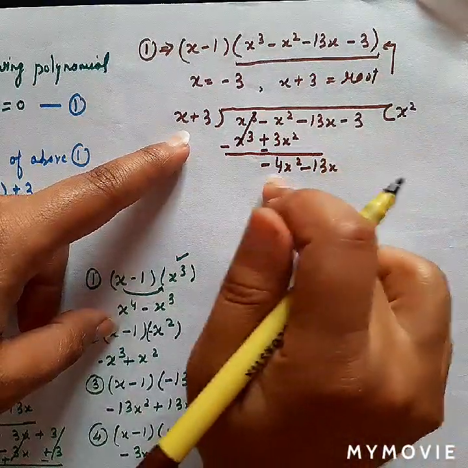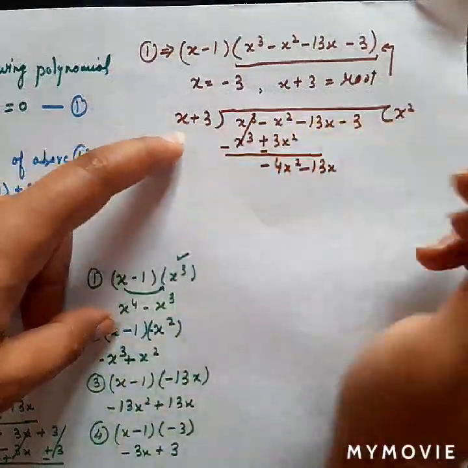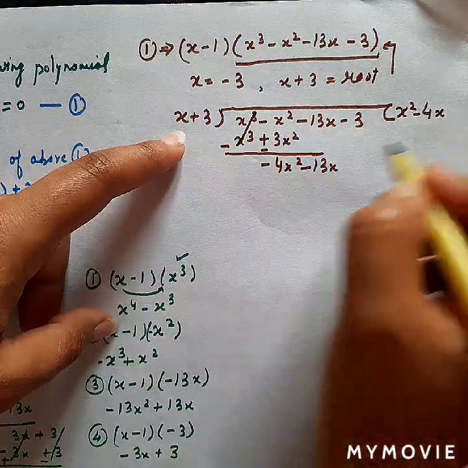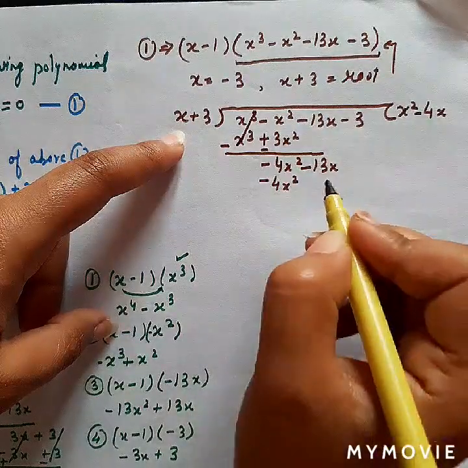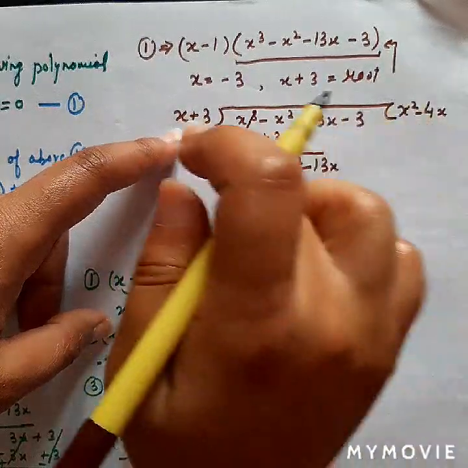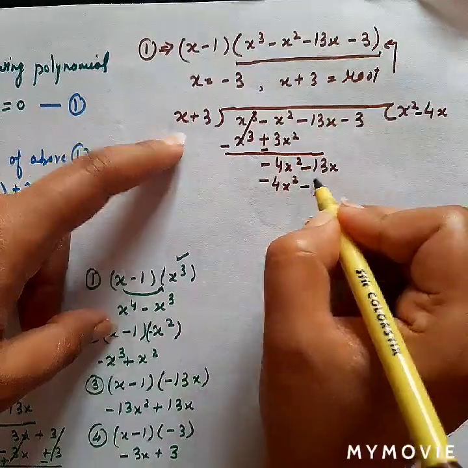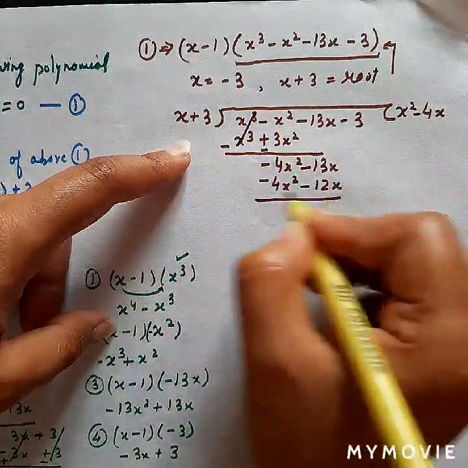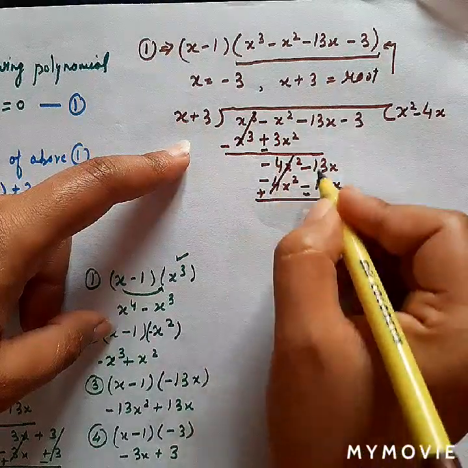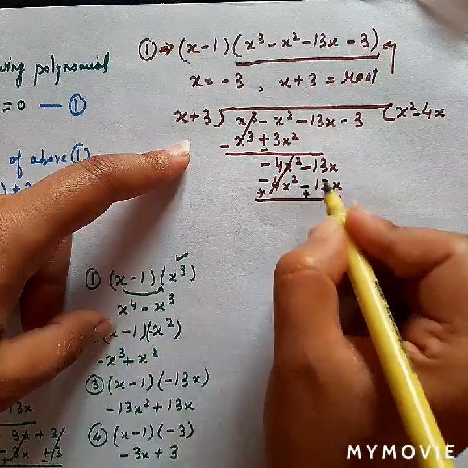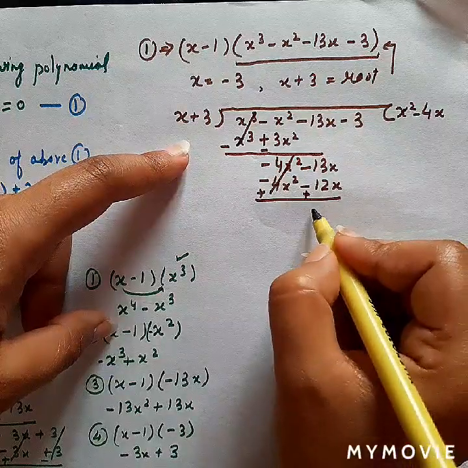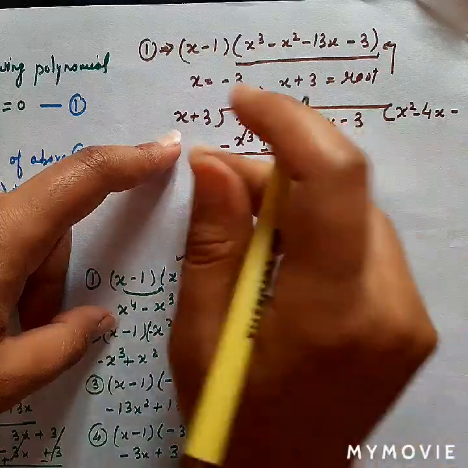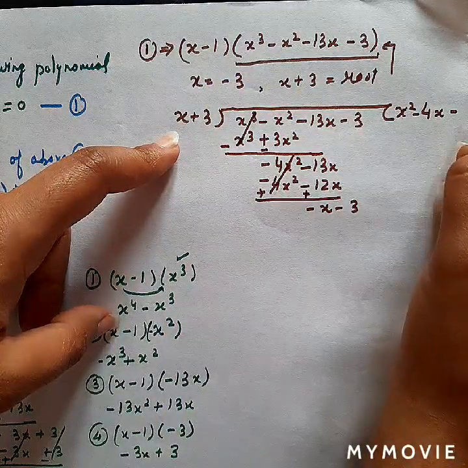Again I need to cancel out this minus 4x square, so I need to make over here minus 4x. Minus 4 times x will be minus 4x square, and minus 4 times 3 is 12x, again plus minus, cancel out, minus 13 plus 12, this will be minus x minus 3, again multiply with minus 1 simply, right?